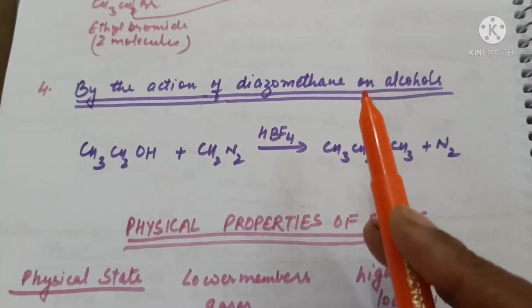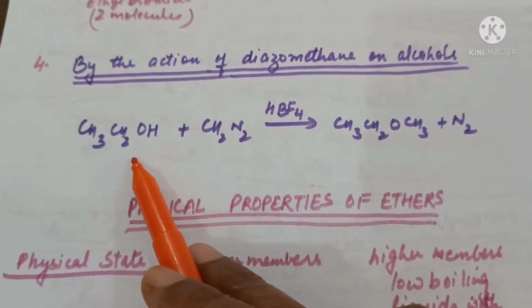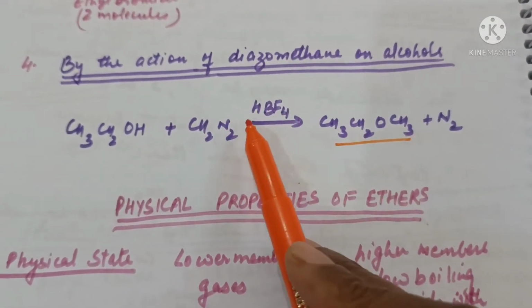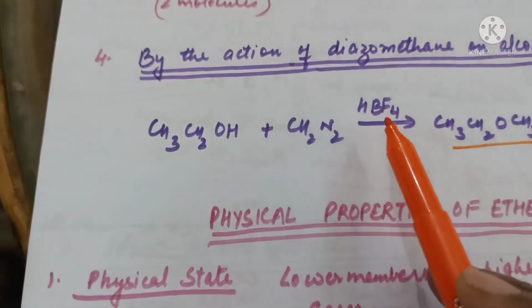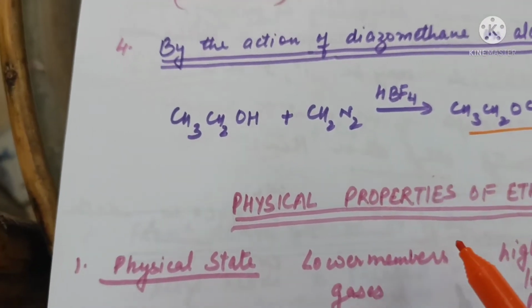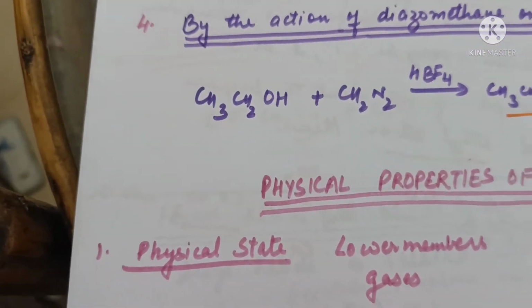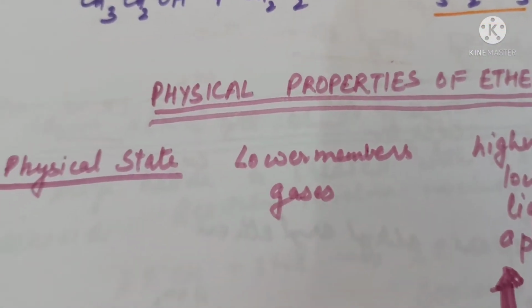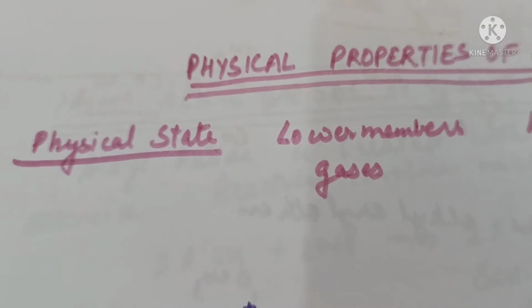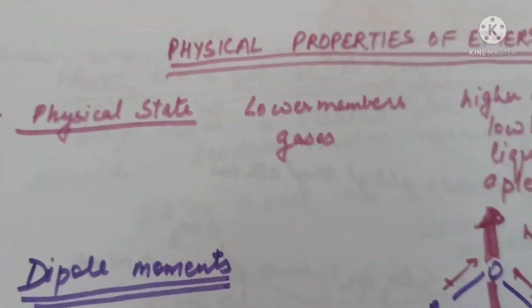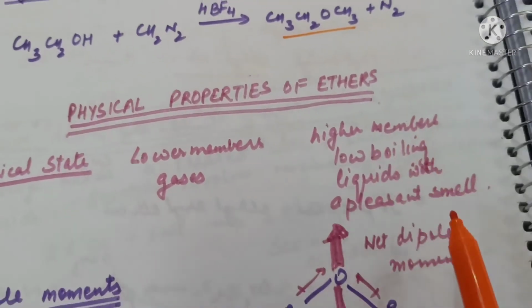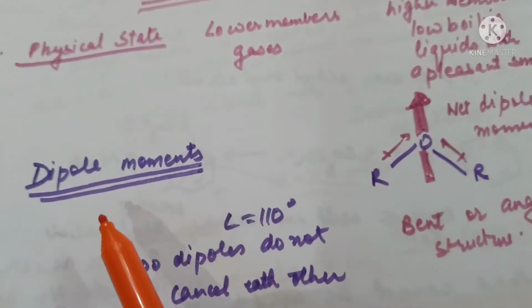By the action of diazomethane on alcohols also we can prepare ether. This is done in the presence of fluoroboric acid. Physical properties of ethers. The lower members of ethers are gases, and higher members are low boiling liquids with a pleasant smell.